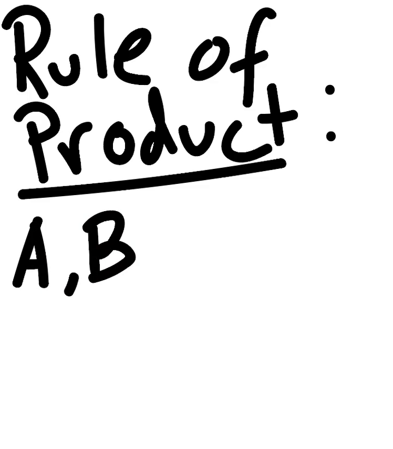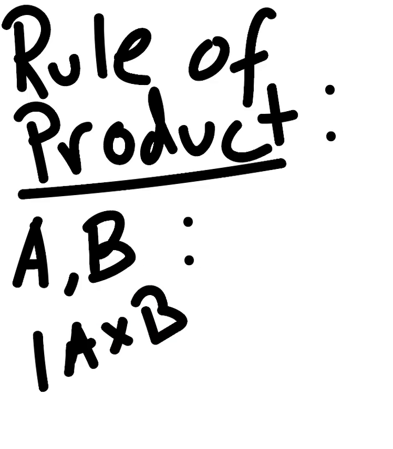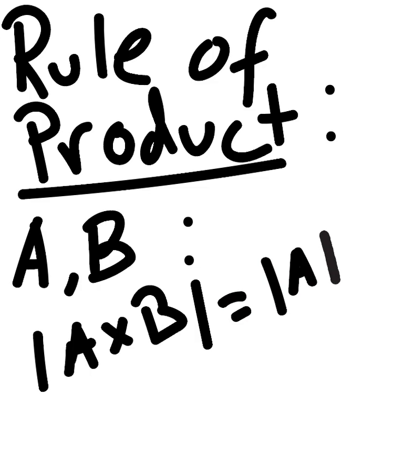The rule of product says that if you have two finite sets, A and B, then the number of elements in their Cartesian product, A cross B, is equal to the number of elements in A multiplied by the number of elements in B. So this is the rule of product.